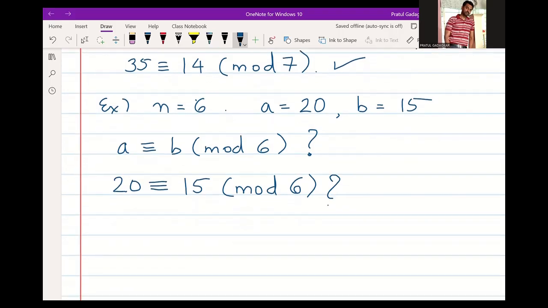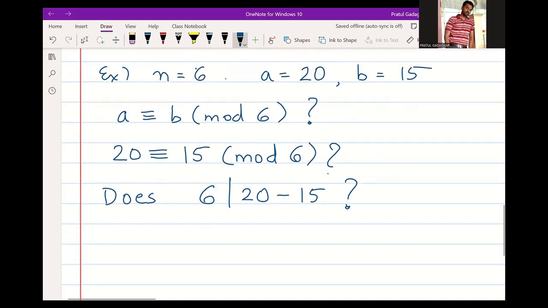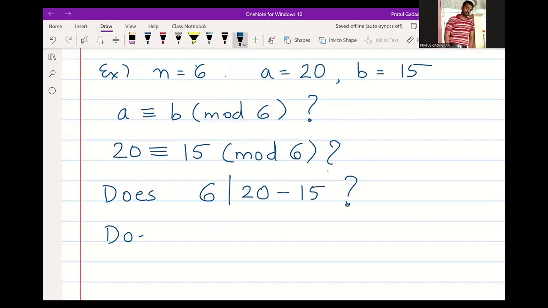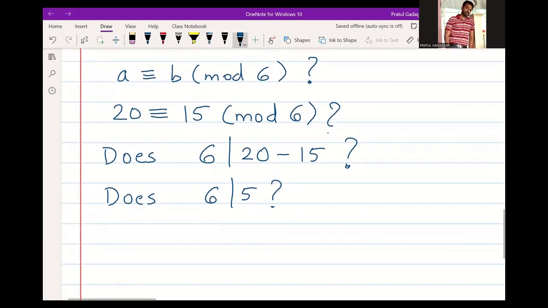You have to ask yourself: does 6 divide 20 minus 15? I mean to say, does 6 divide 5? We know that 6 cannot divide the number 5.